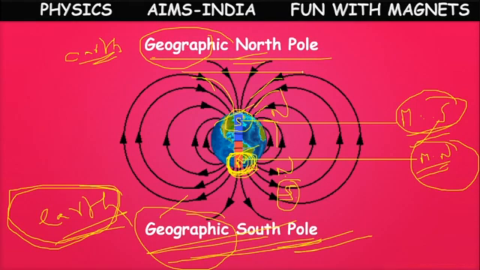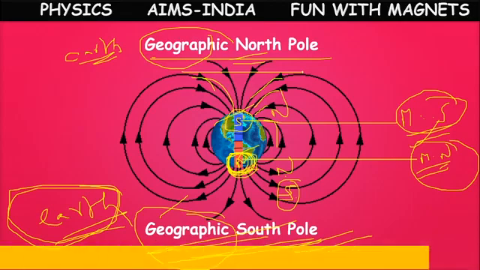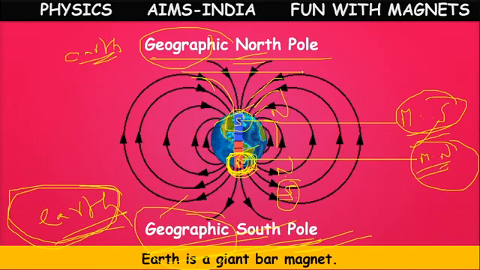So the earth also has poles at two ends, a geographic south pole and a geographic north pole, but they behave in reverse to the magnetic poles. Okay. So the earth is also a huge, giant, very big bar magnet, because of which the compass shows directional property.